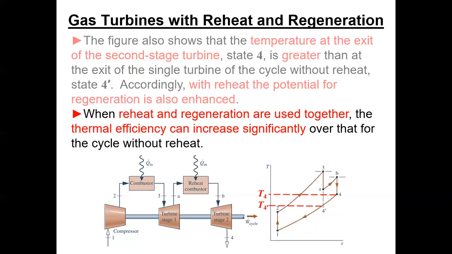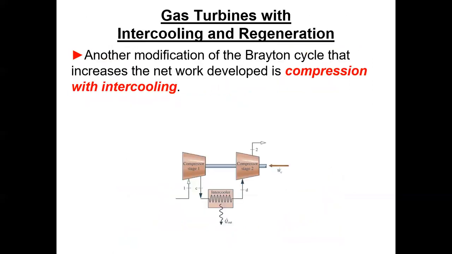Okay, so reheat and regeneration used together give us increased thermal efficiency. So that's a pretty good pair. Okay, another possibility, and I'm sure you've probably seen this before, is to break up the compression process into multiple stages.